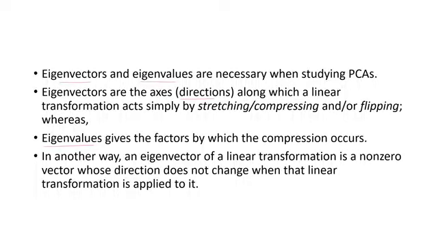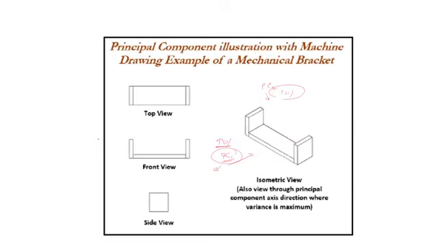The eigenvalues help you understand, if the data is projected onto that particular axis, how much variance of the overall data is captured on that axis. Again, I'm referring to this: if you are taking the image from this direction, how much information you capture is something you can relate to the eigenvalue.